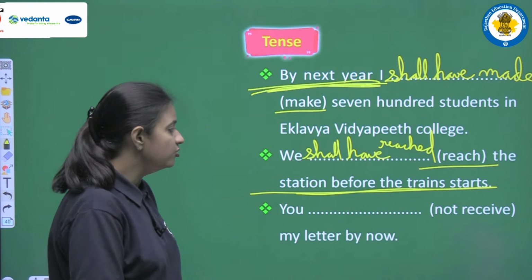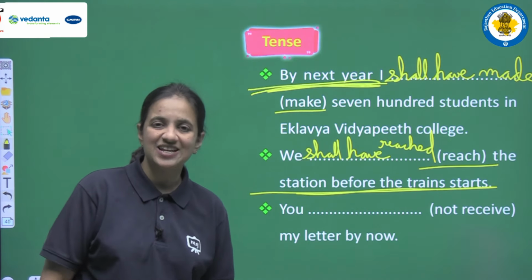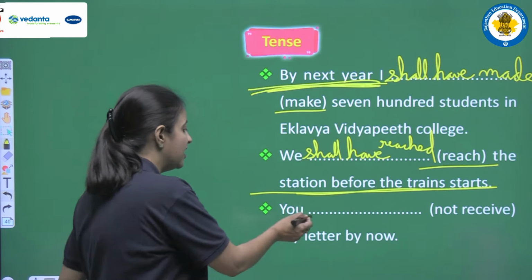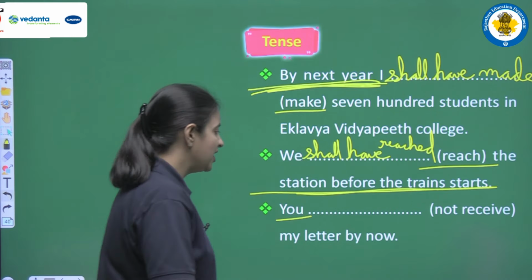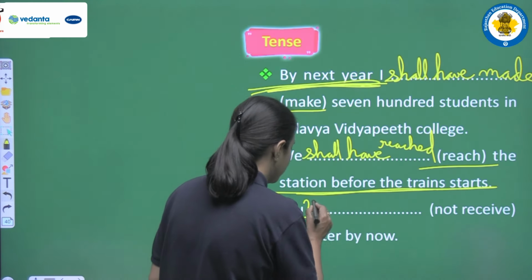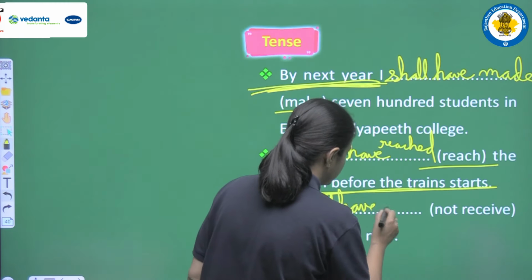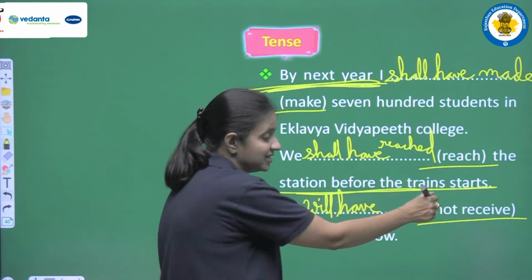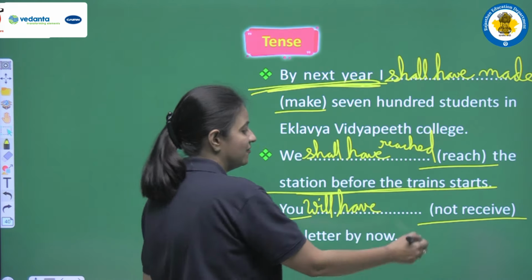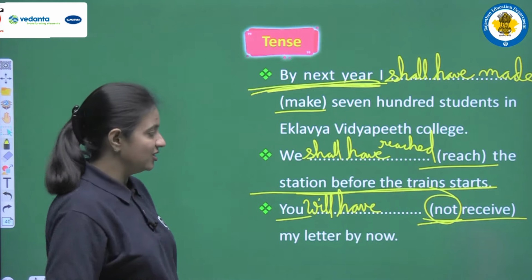Next is: You not receive my letter by now. Again this is an example of future perfect tense. As a subject we are having you. So the helping verb we have to use here is will have. One more thing that is important here, that this is a negative sentence, we are having not here. So now let's discuss the structure of a negative sentence.